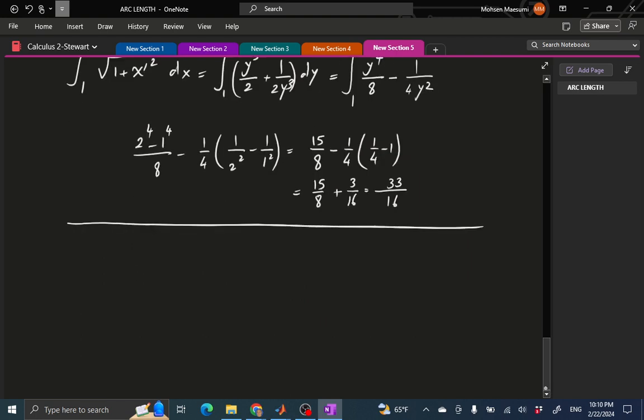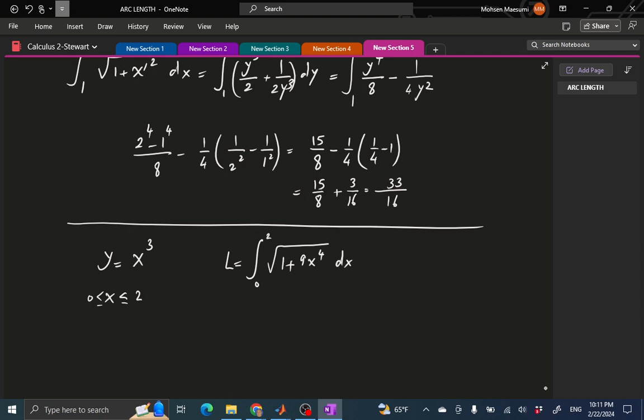Sometimes, we said previously, we do not succeed in calculating the integral. Here's an example. What's the length of this curve from 0 to 2? Well, the length would be the integral from 0 to 2 of the square root of 1 plus the derivative of this, 3x squared, and then you square that, becomes 9x^4, dx.